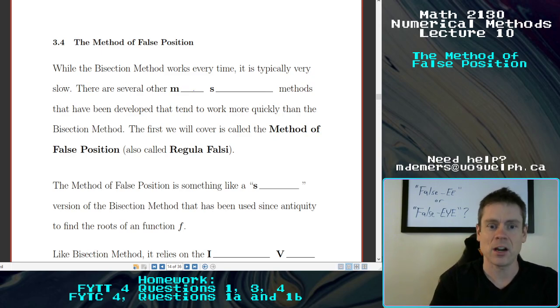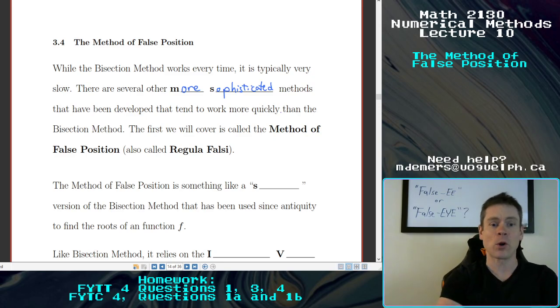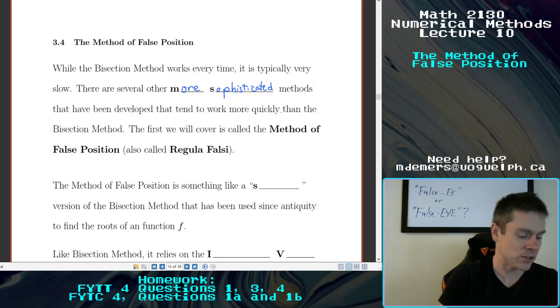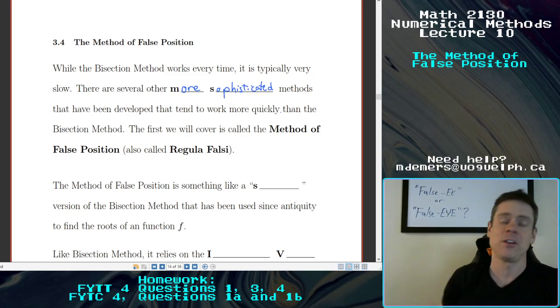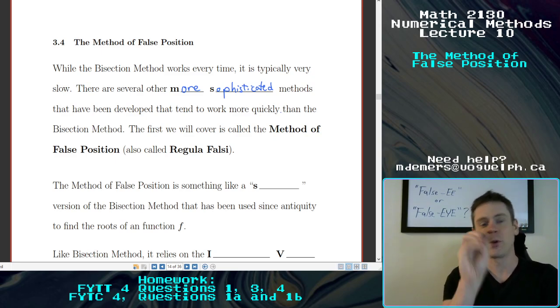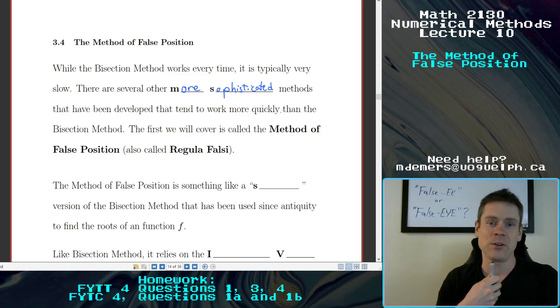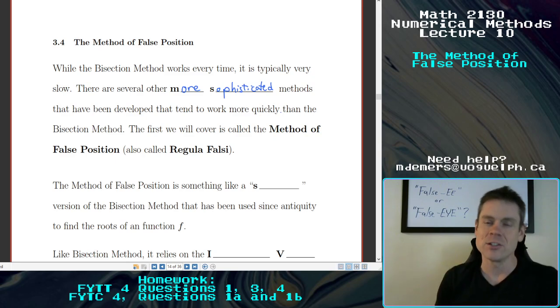As I said, there are other more sophisticated methods that have been developed that tend to work more quickly than the bisection method. The first one we're going to talk about is this method of false position that I mentioned. And to be totally honest with you, I had never been sure how to pronounce that until I started teaching the course.